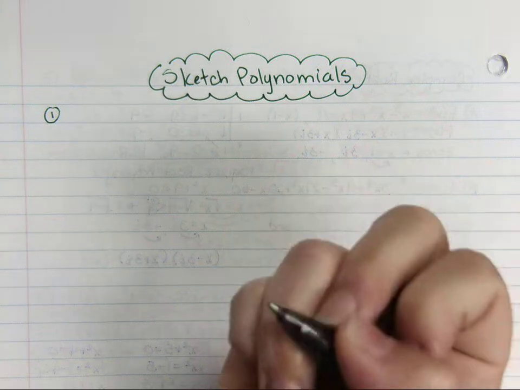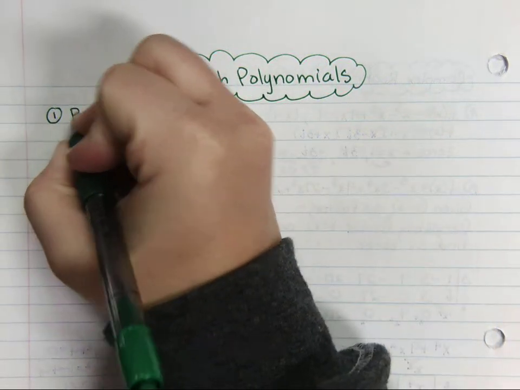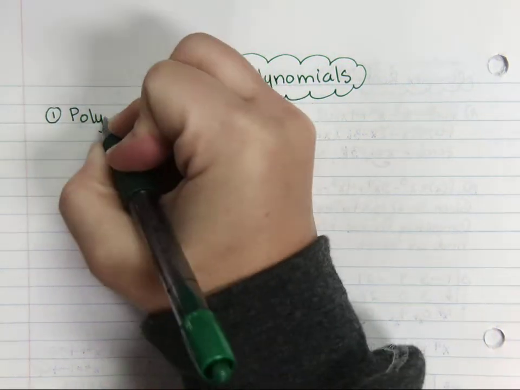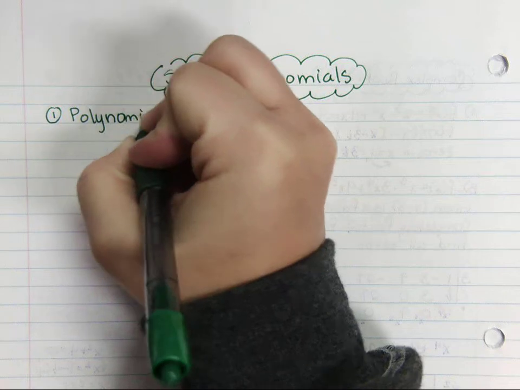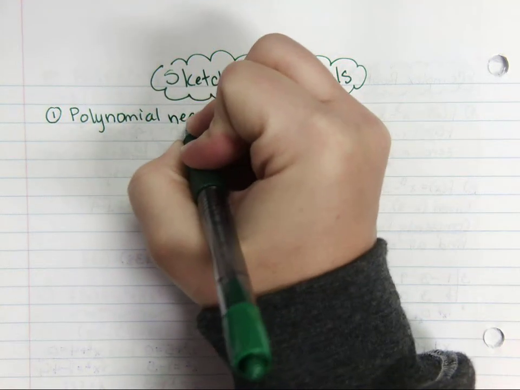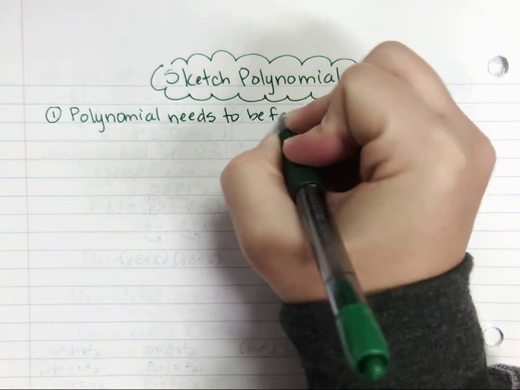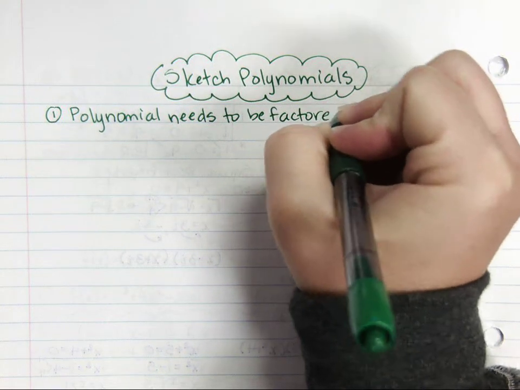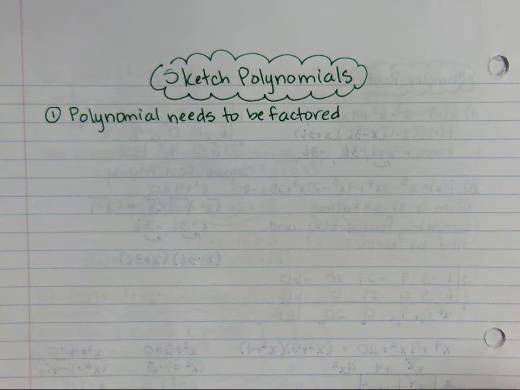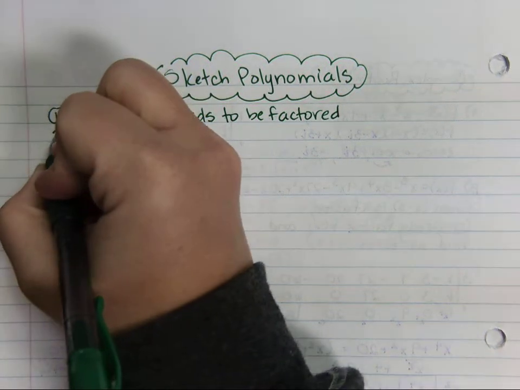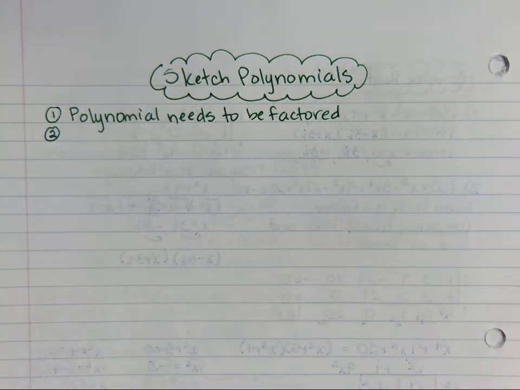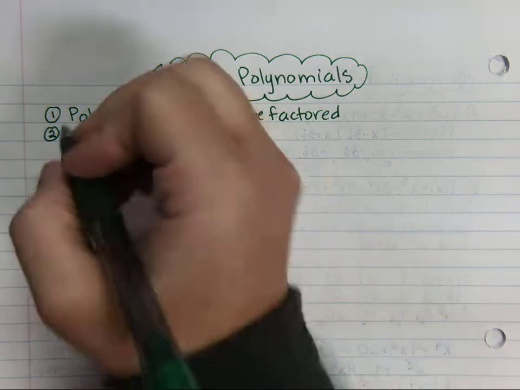One is we want to make sure that the polynomial is factored, so we can find our zeros. After you factor the polynomial, find your zeros.